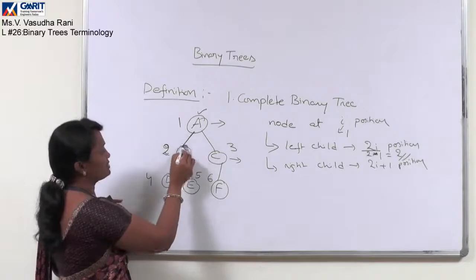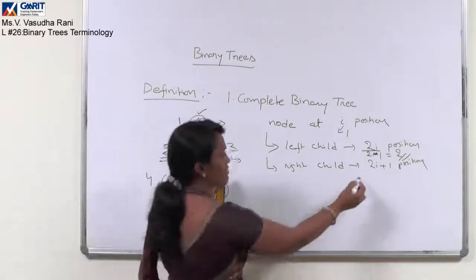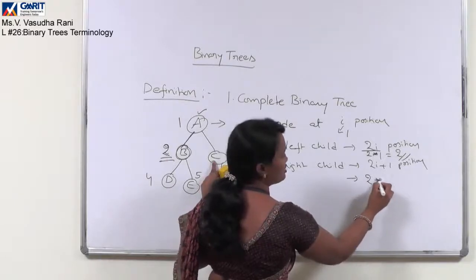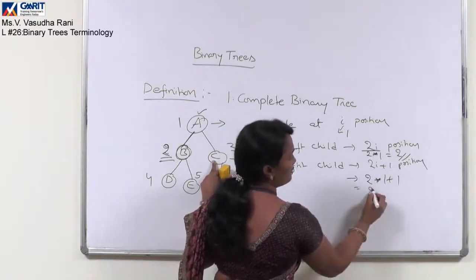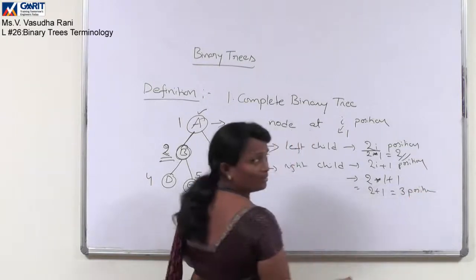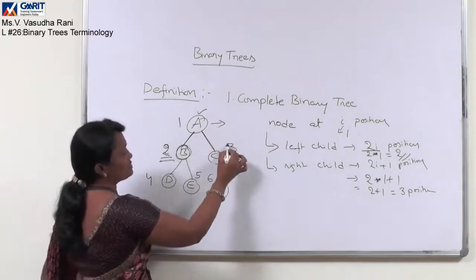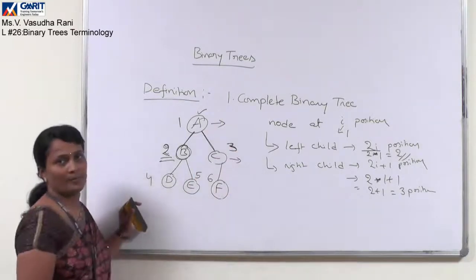Yes, its left child is at position 2. And the right child is at 2i plus 1, which is 2 into 1 plus 1, which is 2 plus 1, giving us position 3. Its right child is at position 3.